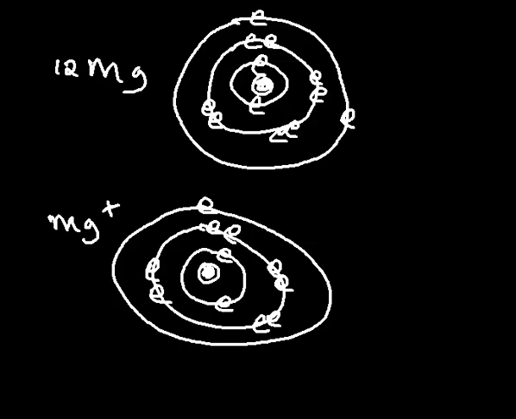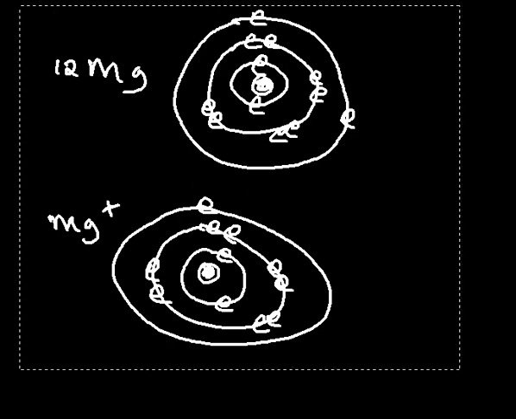Thereby, the magnesium atom has a larger radius than the ion, because in the ion we only have a single electron in the outermost shell, which cannot withstand the pulling force towards the center. Therefore, it will be squeezed more, thereby making the radius decrease. So keep that in mind.